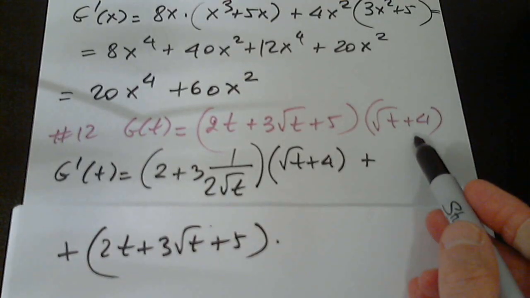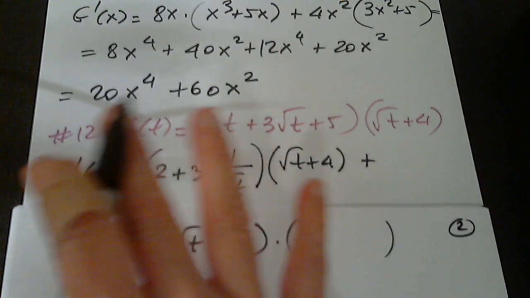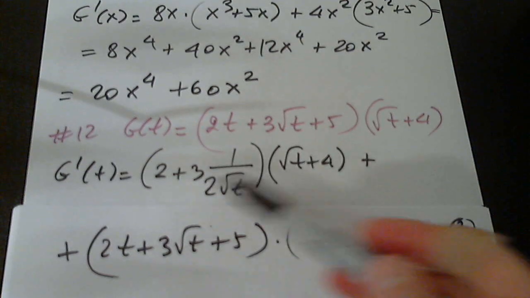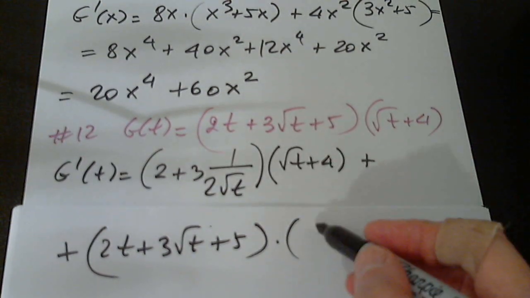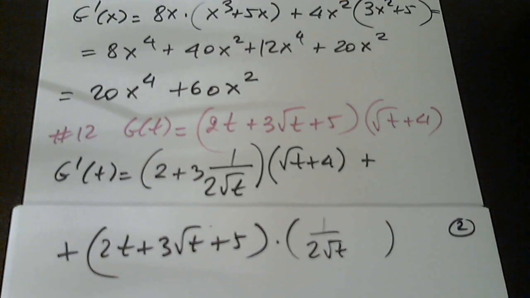And I have to differentiate the second function, and I will keep it as is. I will not continue because it will take a long time to distribute and combine like terms. This is good enough for now. So this is 1 over 2 the square root of t. Most probably a lot of simplification will ensue, but I'm fine with just this step.